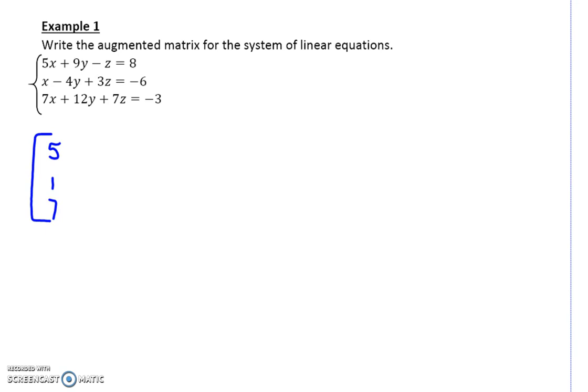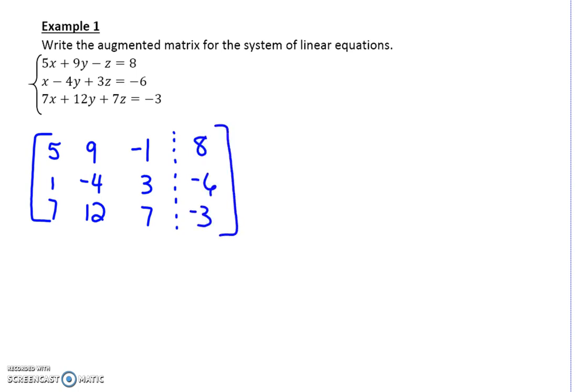You need to keep them in order, but try to keep them aligned is the best way to do it. So then for our z's, we have -1, 3, and 7. And then often you'll see where there's the equal sign, some like a dotted line there. And then 8, -6, -3. And so this would be a 3 by 4.